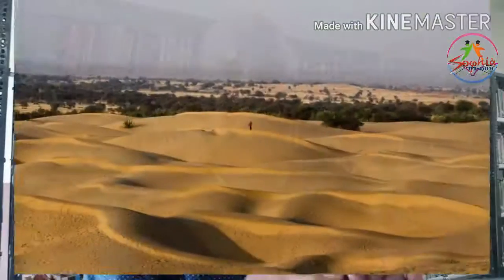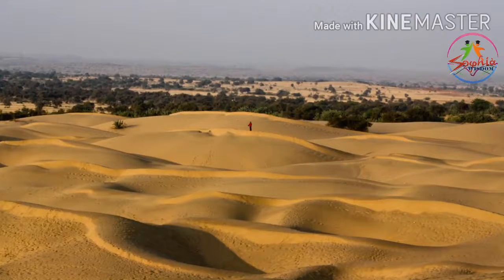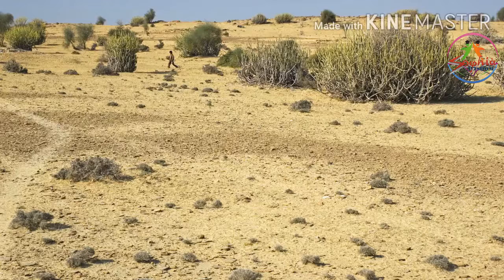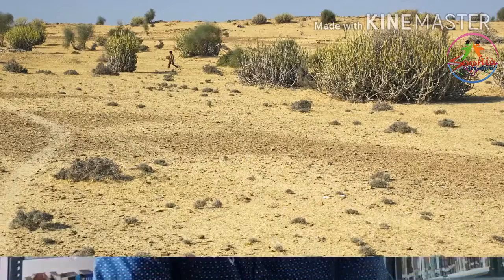And the land feature of this desert, some areas consist of sand and other areas have rocks. Mostly the sand forms an undulating plain with ups and downs on the surface, and some areas have rocky outcrops.